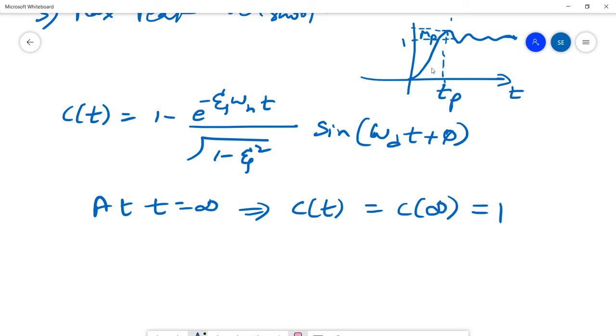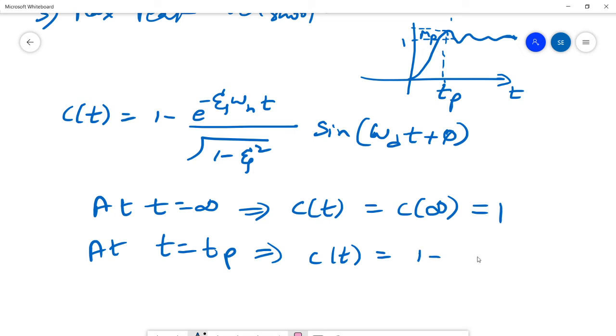At Tp, now what we wanted is the plot at Tp. Right? At t equal to Tp, because maximum peak overshoot is calculated at Tp. That is c of t is the same thing. See this expression, if you substitute t equal to Tp, that is how we calculate the value of c of t at that particular Tp.